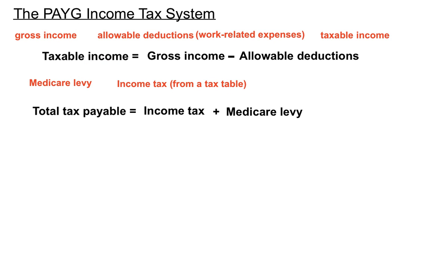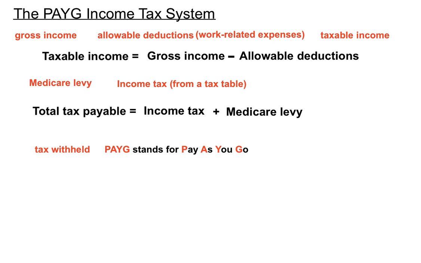We also had a look at the total tax payable. We added those two taxes and levies together to say that Ethan owed a certain amount altogether to the tax department. But of course he doesn't have to come up with all that tax all at once, because we've got this system in Australia of tax withheld, which is a pay-as-you-go system.